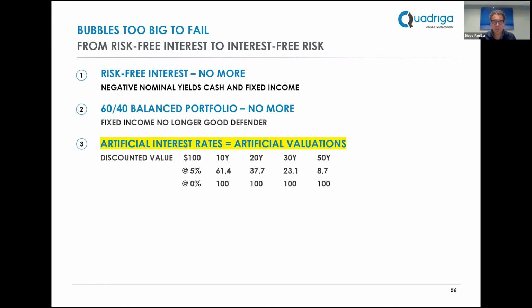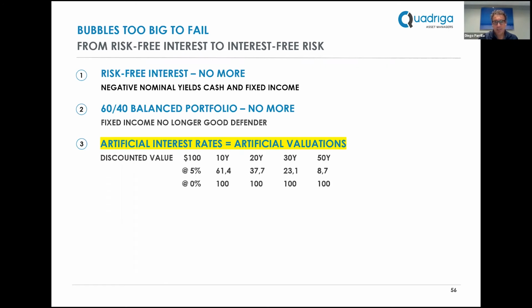And you don't need to be a genius to understand that if you're valuing assets by discounting cash flows, and you have a very benign view of the world in terms of what those cash flows would look like through growth and earnings, but worse than that, you also have a very benign expectation on the present value because you're using artificially low interest rates, then you get massive bubbles.